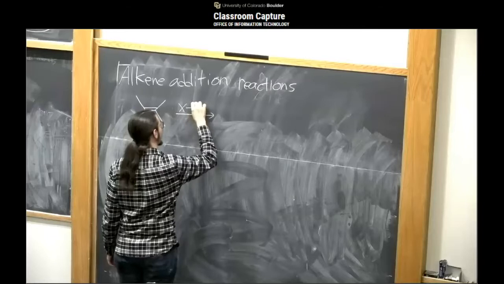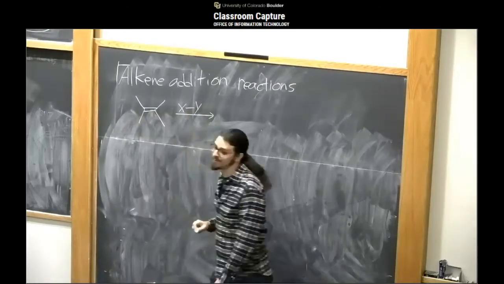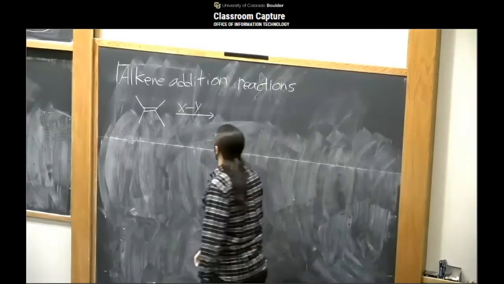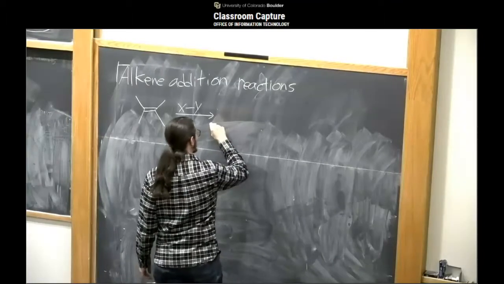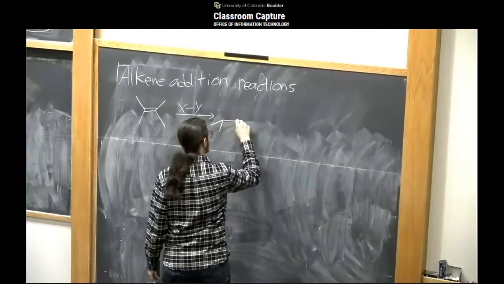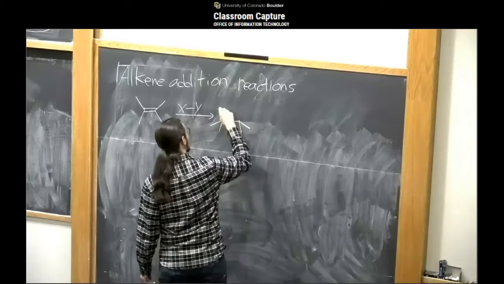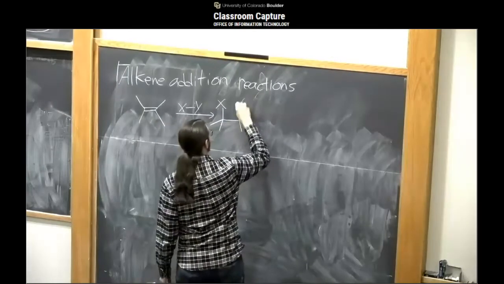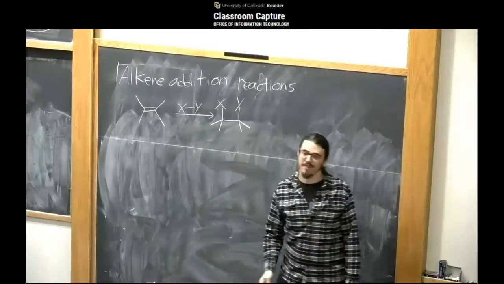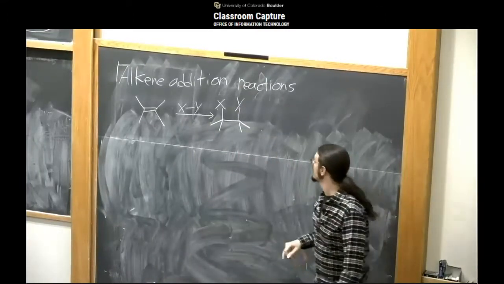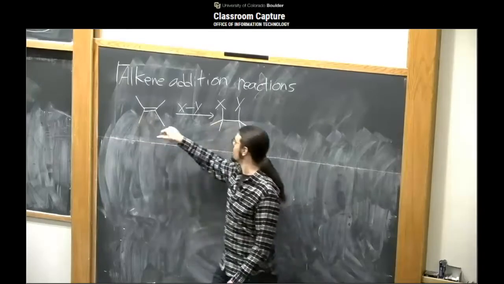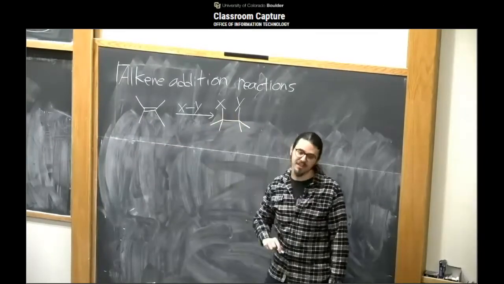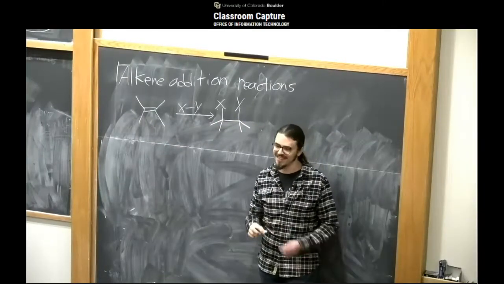To make it generic, I'm going to be showing you X bonded to Y, and you will end up with a product where the X atom is bonded to one of the atoms in the alkene, and the Y atom is bonded to the other atom in the alkene. And we have traded essentially this pi bond on the alkene for 2 sigma bonds to the various groups in this generic molecule.